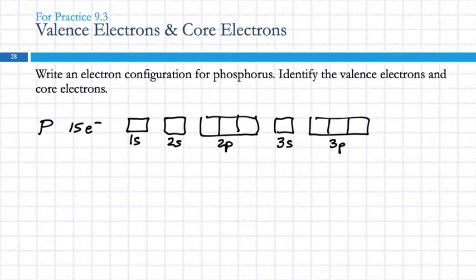So I'm going to use red, because I don't know why, but the book uses red for electrons. And so I'm going to count. 1, 2, 3, 4, 5, 6, 7, 8, 9, 10, 11, 12, 13, 14, 15.